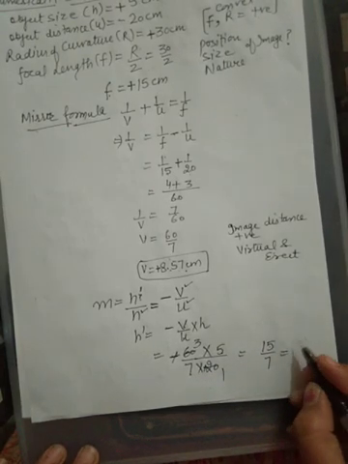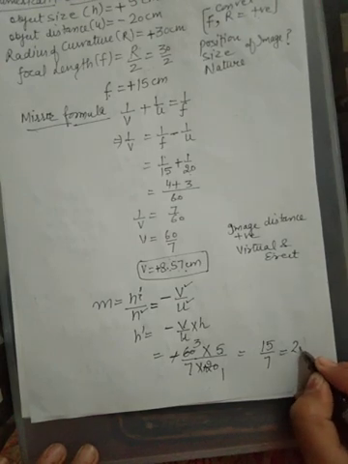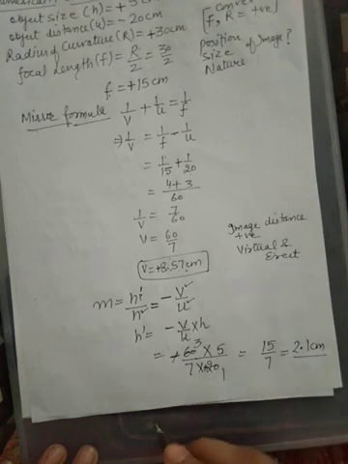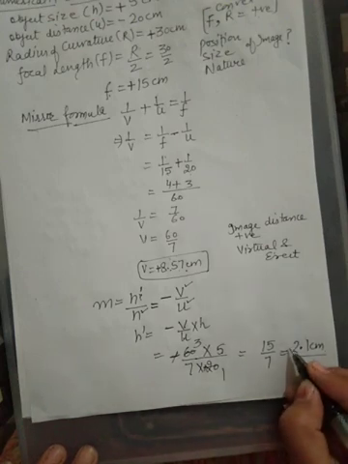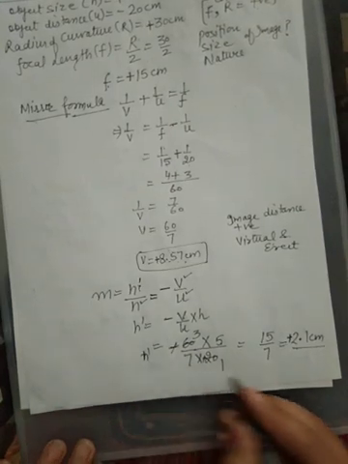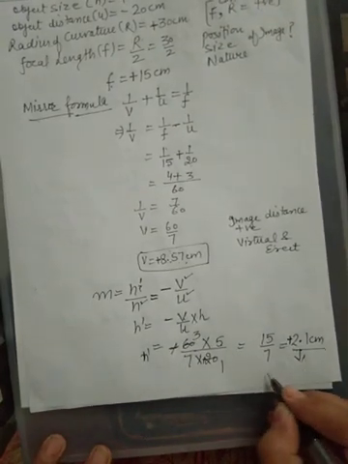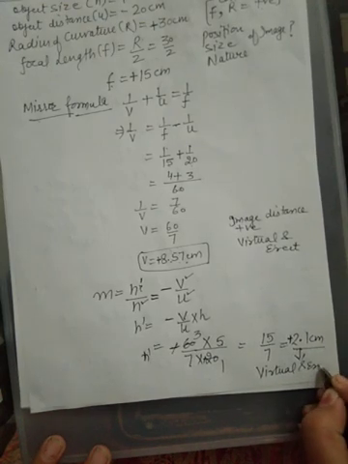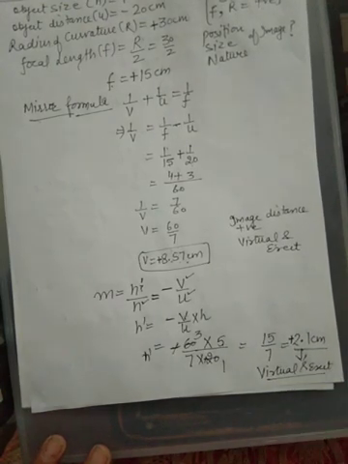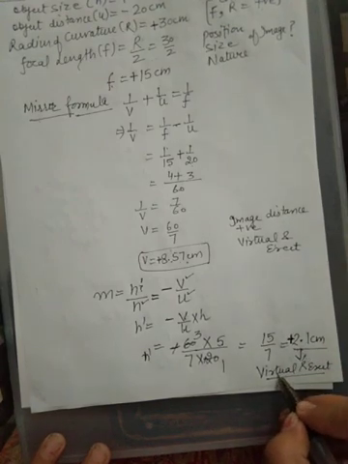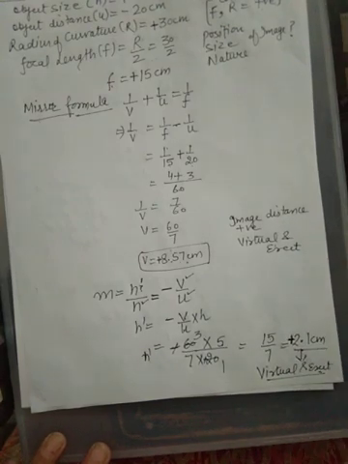Dividing 15 by 7, we will get the result, that is 2.1 centimeter. So what is the height of image? 2.1 centimeter, and answer is positive. Okay, so as height is positive, it is virtual and erect, because positive height means virtual and virtual image is always erect.